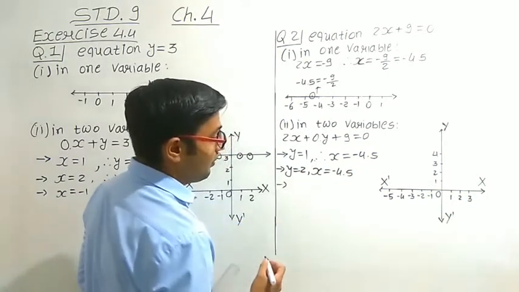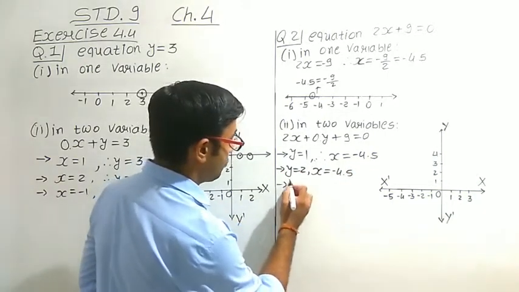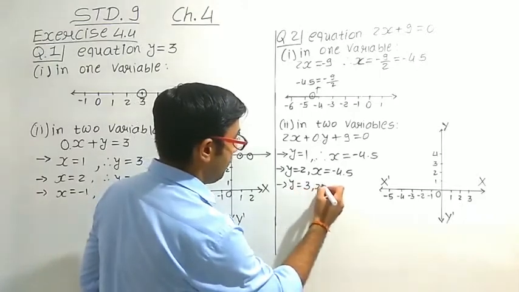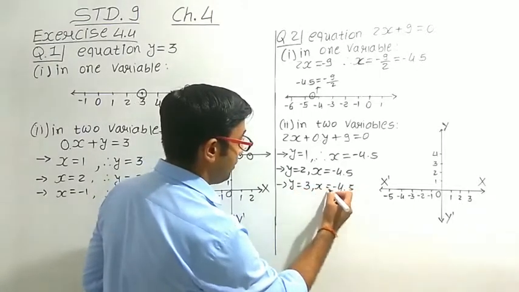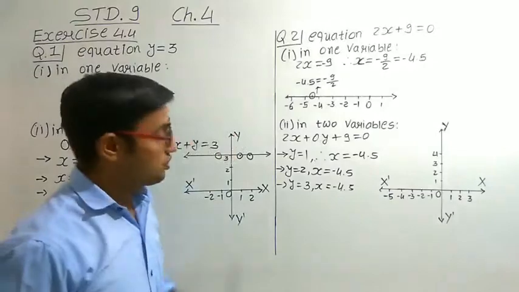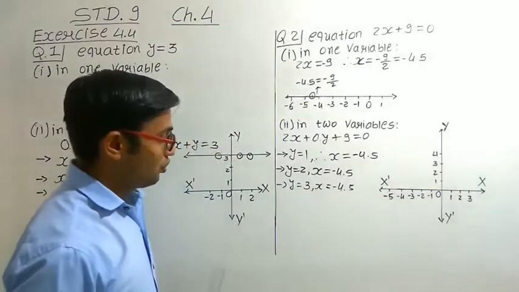In the same way, if we take y is equal to 2, again we get x is equal to minus 4.5. When we take y is equal to 3, we get x is equal to minus 4.5. So these are the three solutions.